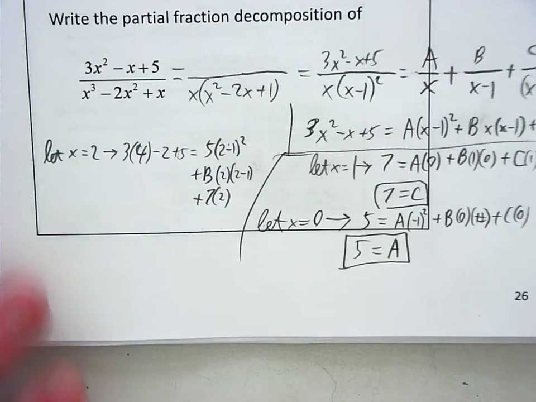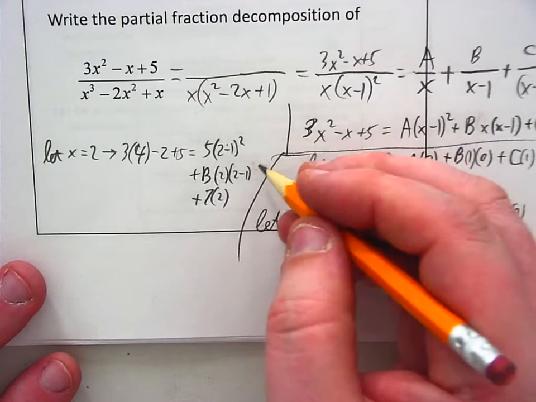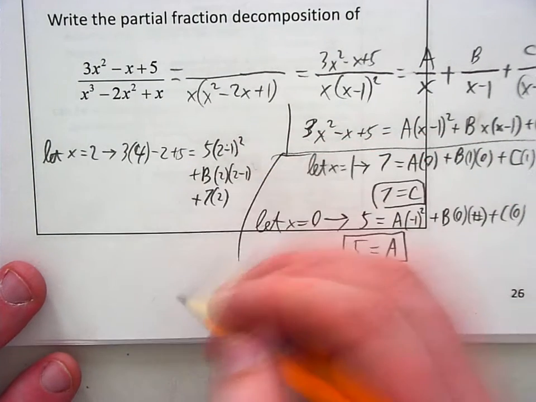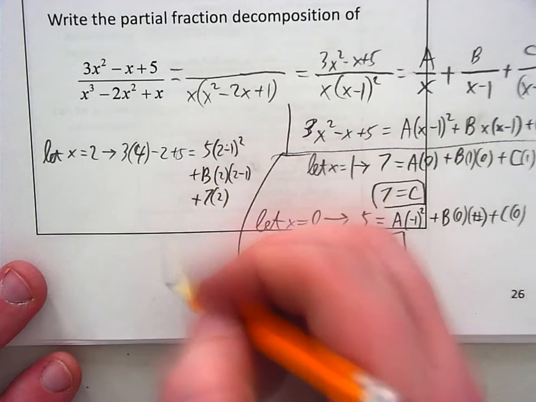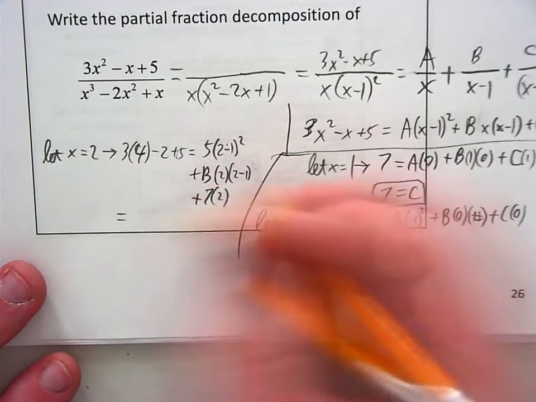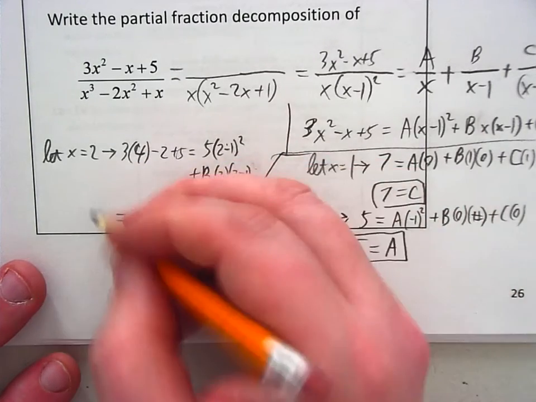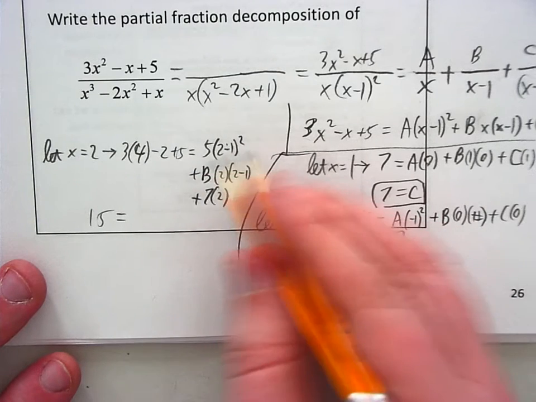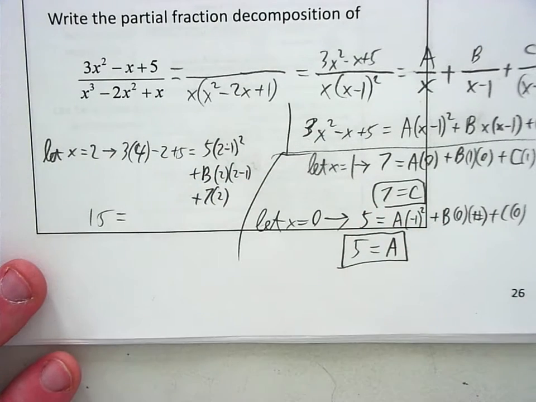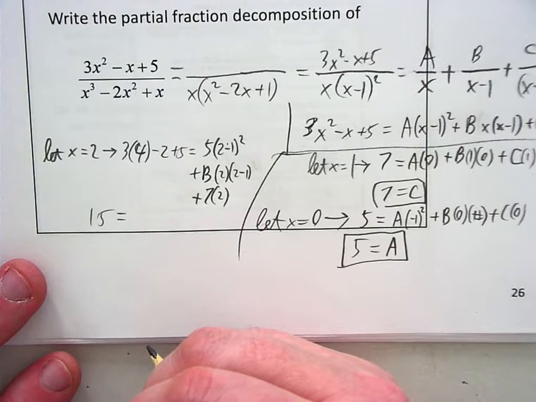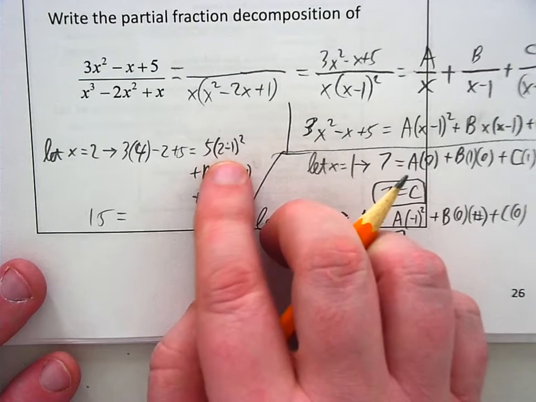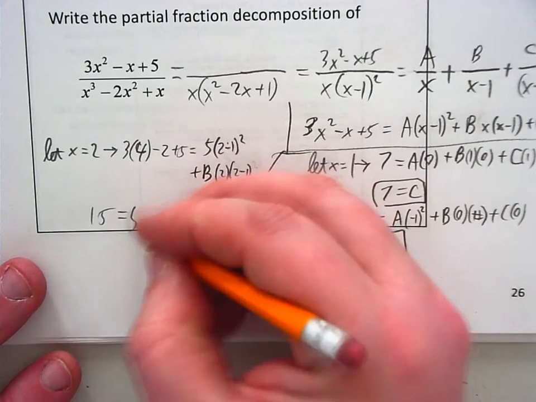So, for this, what do I get on the left side of the equal sign? Yeah, 12 minus 2 is 10, plus 5 is 15. What do I get for the first term? 5. 2 minus 1 is 1, squared is still 1, times 5 is 5.